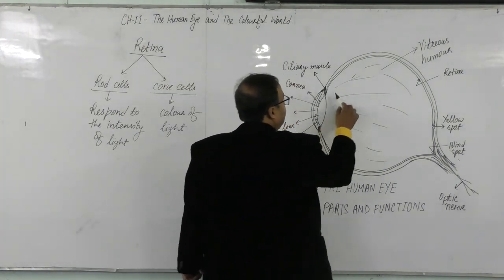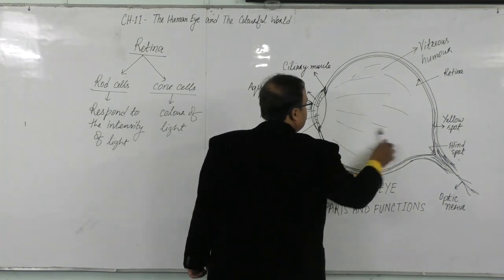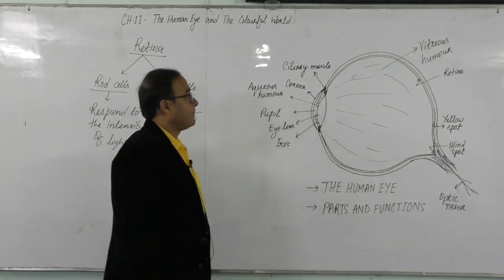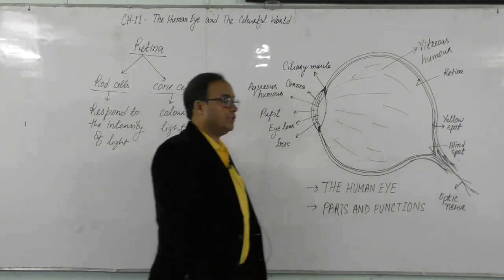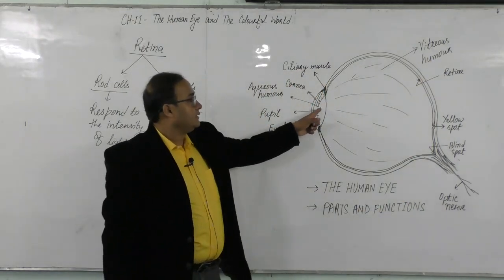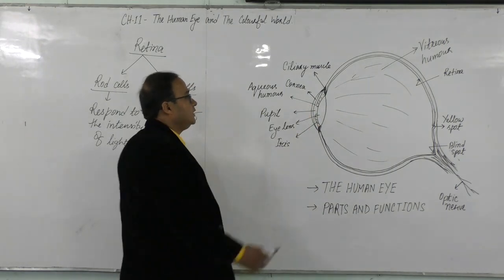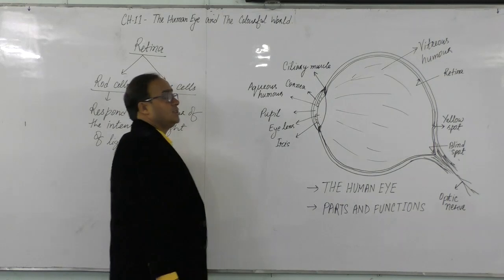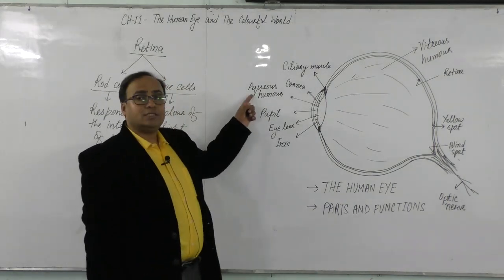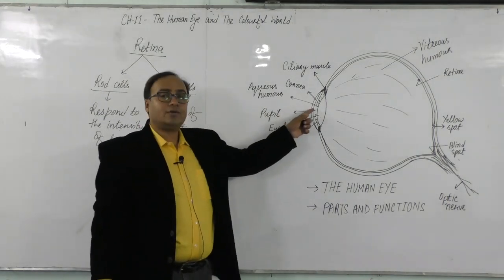Between the lens and retina, the space is filled up with jelly like material, and this jelly like material is called what? Vitreous humor. Between the lens and the cornea, this space is filled up with watery substance, which is viscous substance, and this watery substance is called aqueous humor.